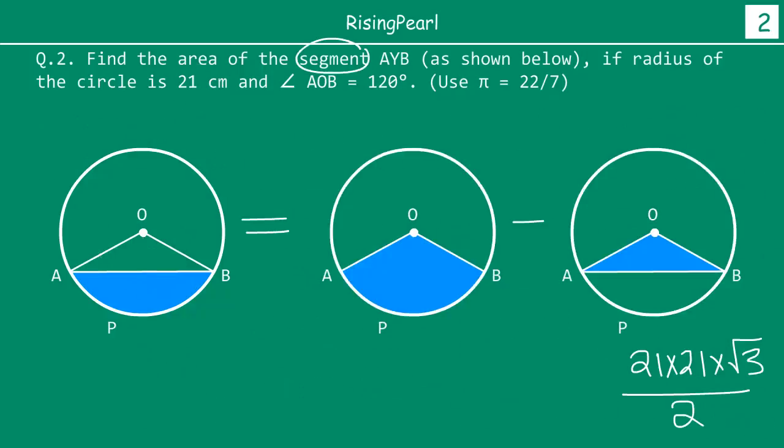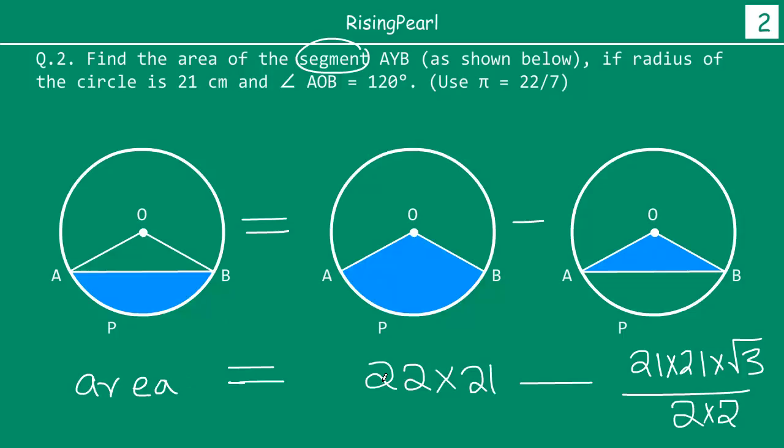So what we have here is this should be times 2, and area of the sector was 22 times 21. So at this point, friends, it is just a calculation that you have to do. So area of the segment is equal to 22 times 21 minus 21 square times square root 3 divided by 4.